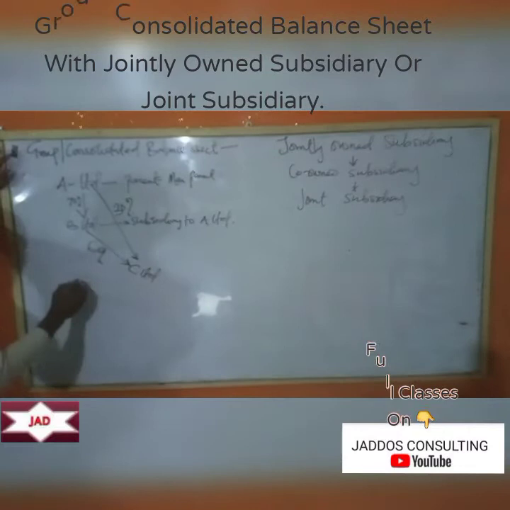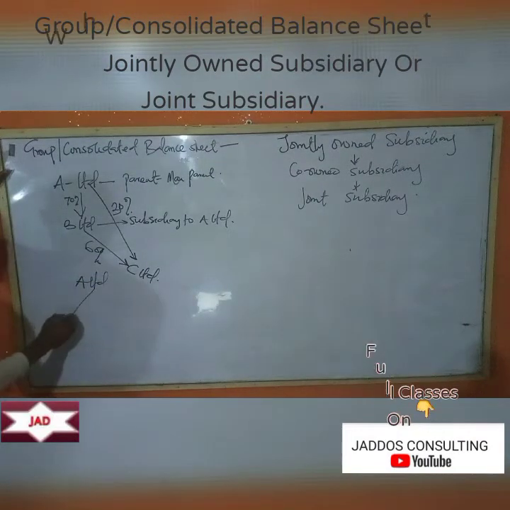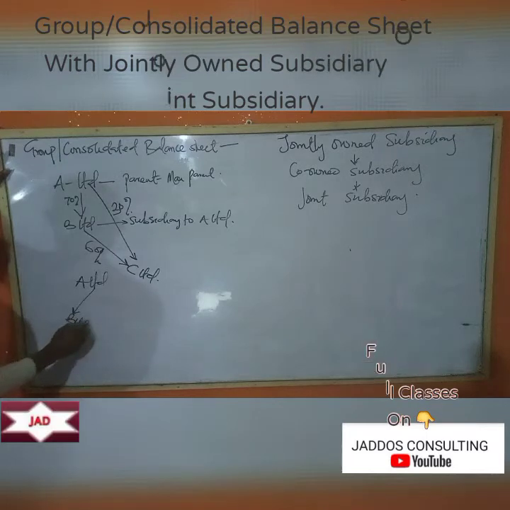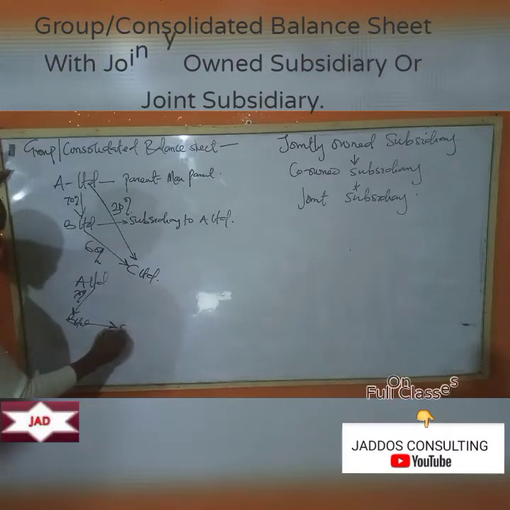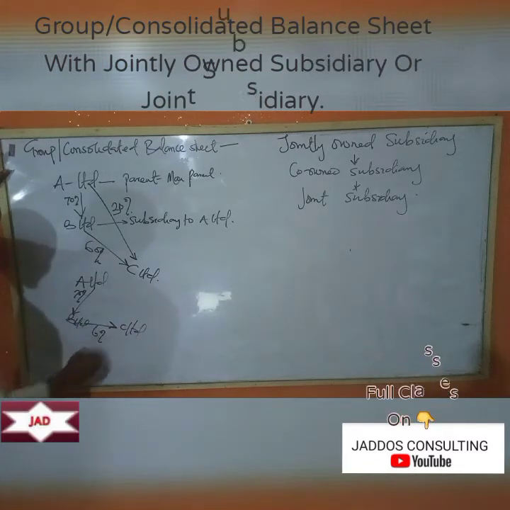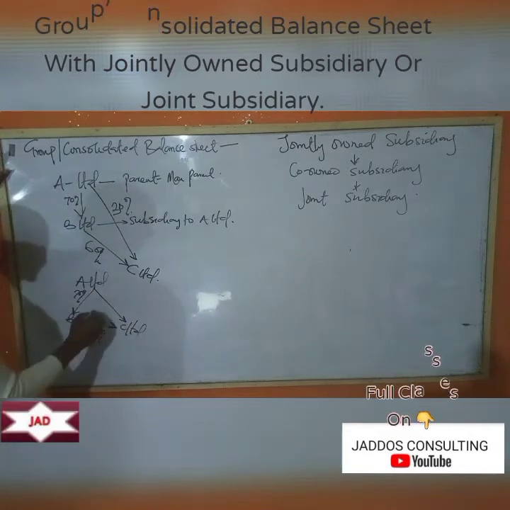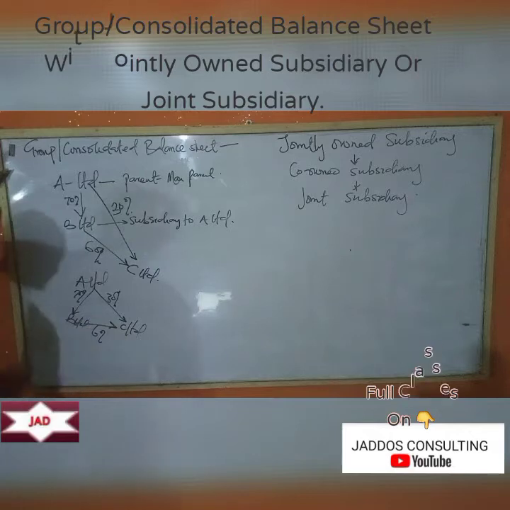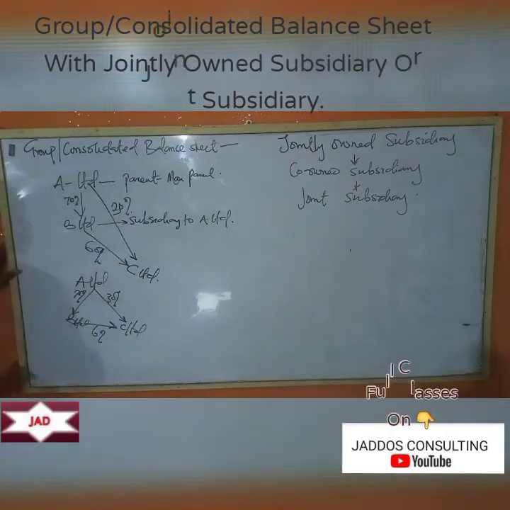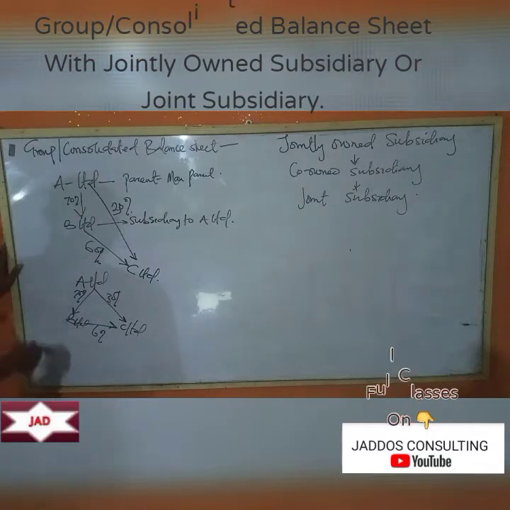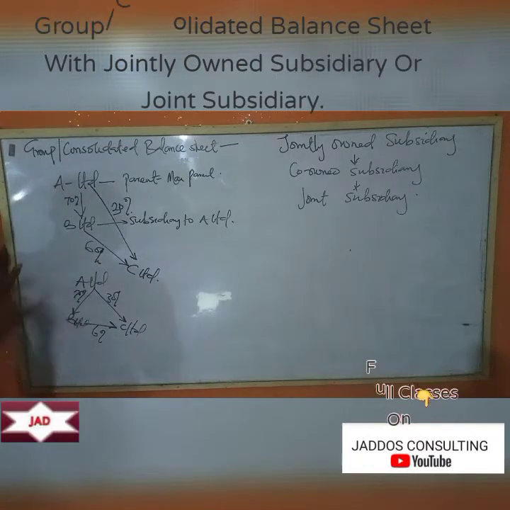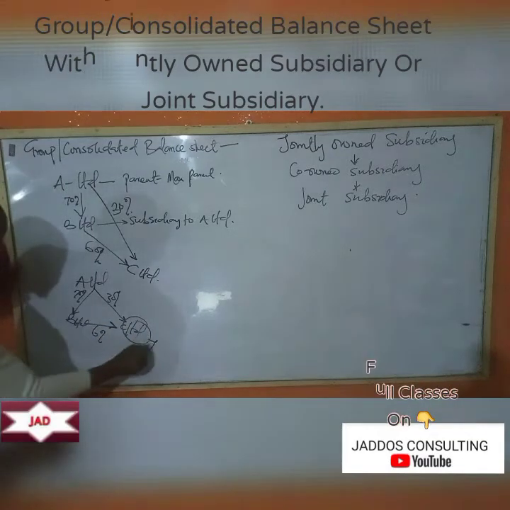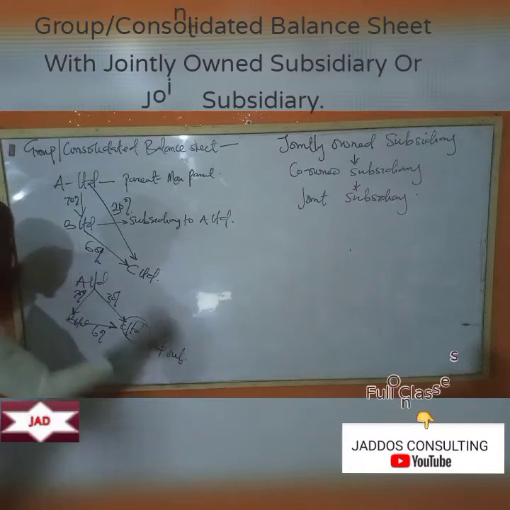So we can simply say A Limited has 70% in B. B has 60% in C. A has 30% in C. Now, if you combine the structure of the holdings of A in C, A in B, and B in C, it will make C a joint subsidiary of the group.